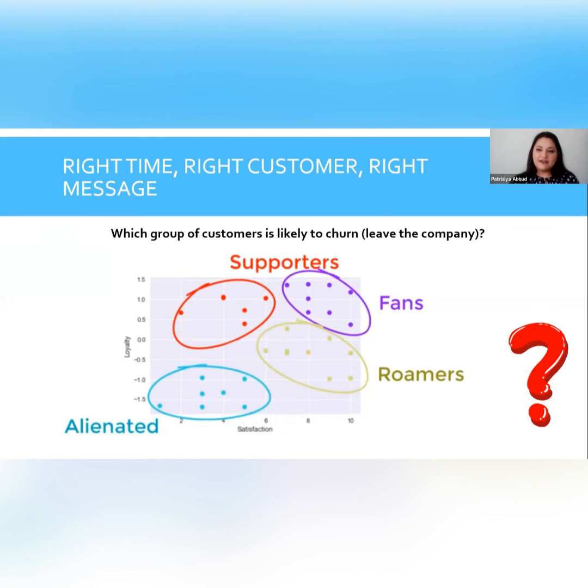But having seen your answers, I can see an answer saying that more focus should be given to alienated and roamers. Yes, this is also a good answer and a good idea. As analysts, we should make a report where we describe each of these clusters, these groups that we are seeing here.